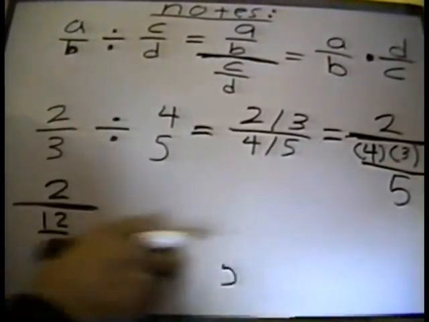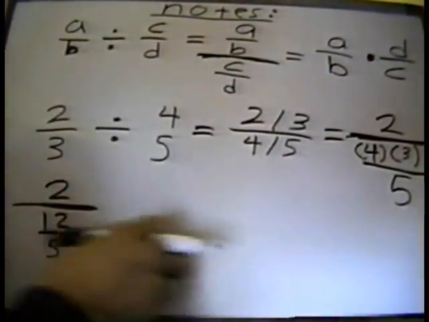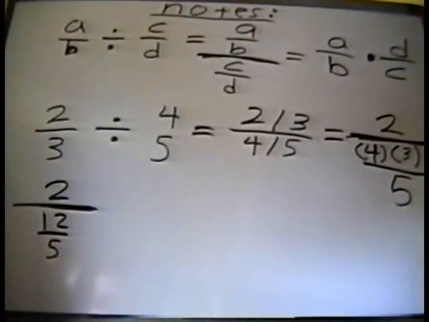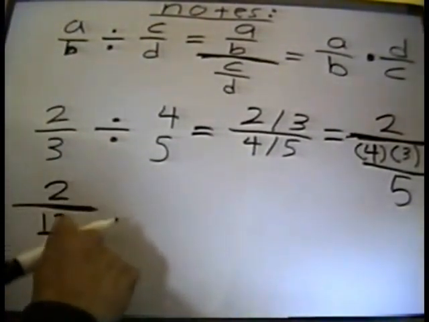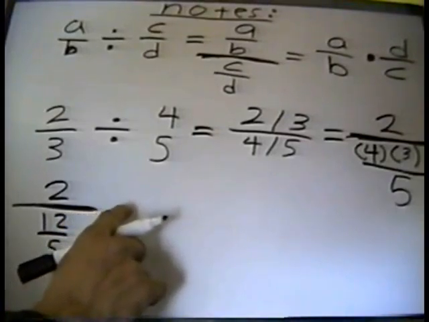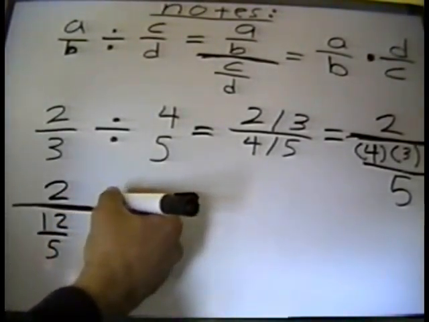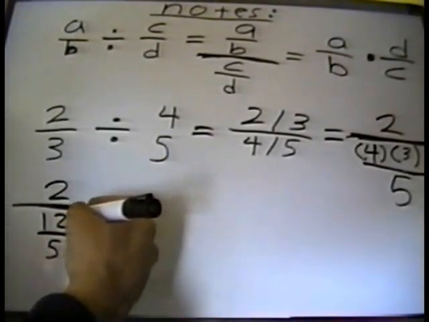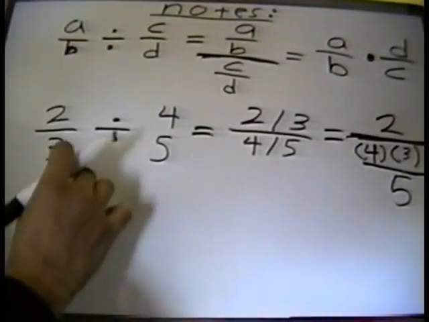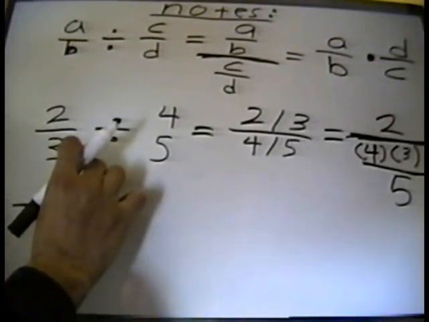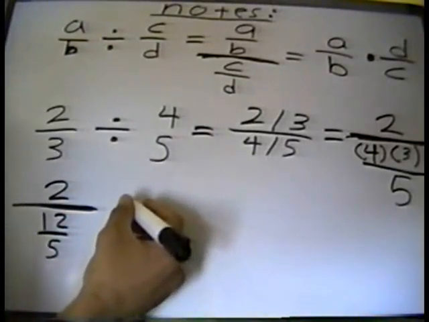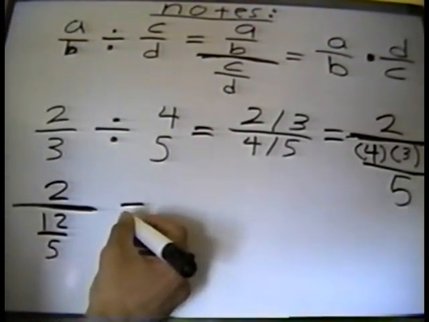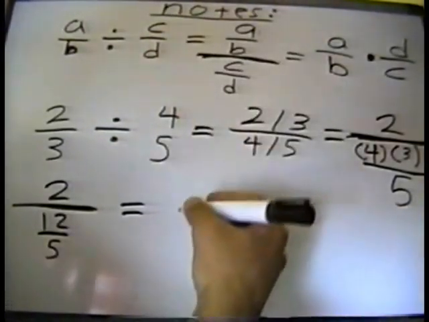Now if you multiply that by the reciprocal, you multiply this by the reciprocal, so you're going to get 5/12 multiplied by that. Or 5 is going to come up to the 2.